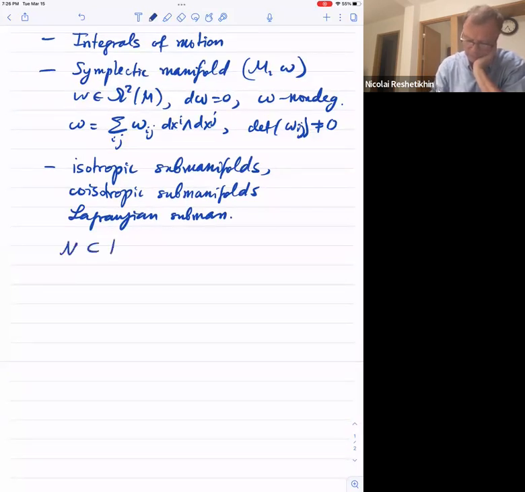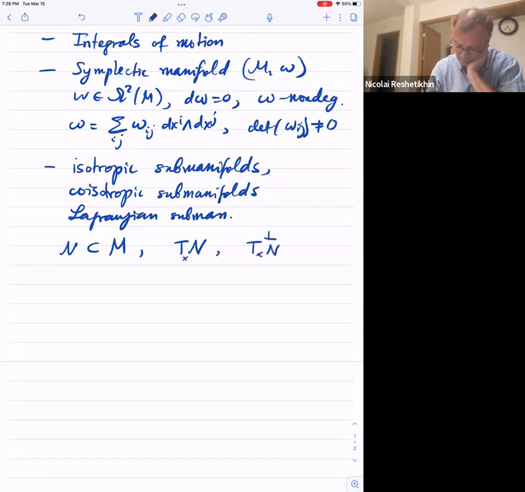if you have a submanifold N in our symplectic manifold M, then it has a tangent bundle. So to each tangent space, you have the orthogonal tangent space that is in the cotangent space to M. So this is just a space of all linear functions that vanish on these tangent vectors.